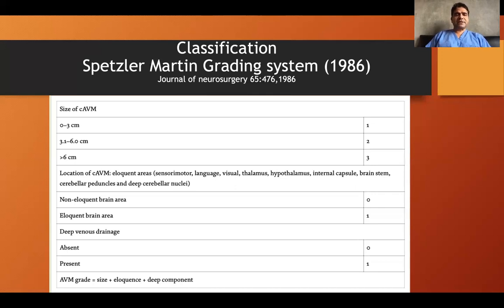It is still controversial what eloquence is, but according to Spetzler-Martin, eloquent areas are sensory motor, language, visual, thalamus, hypothalamus, internal capsule, brainstem, cerebral peduncle, and deep cerebellar nuclei. Third is deep venous drainage: if absent it is zero, if present it is one. So AVM grade is a combination of all three parameters.